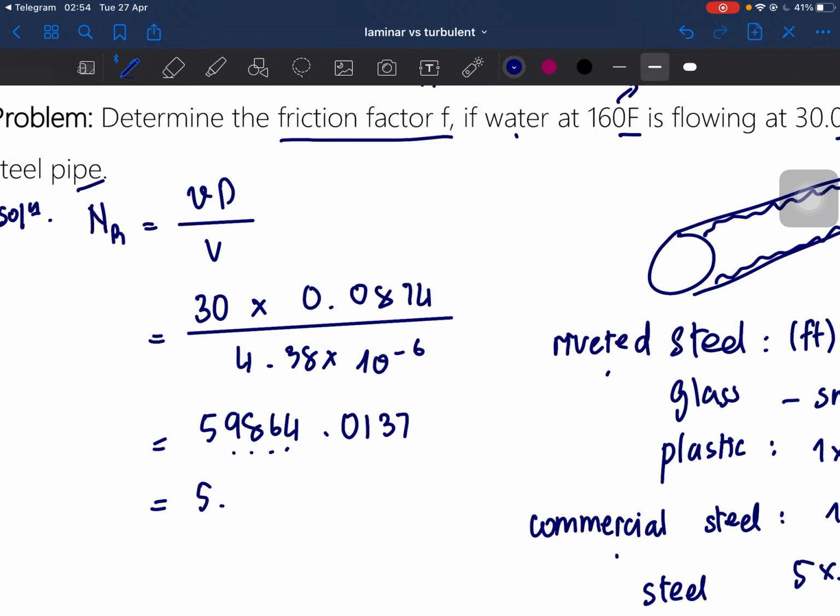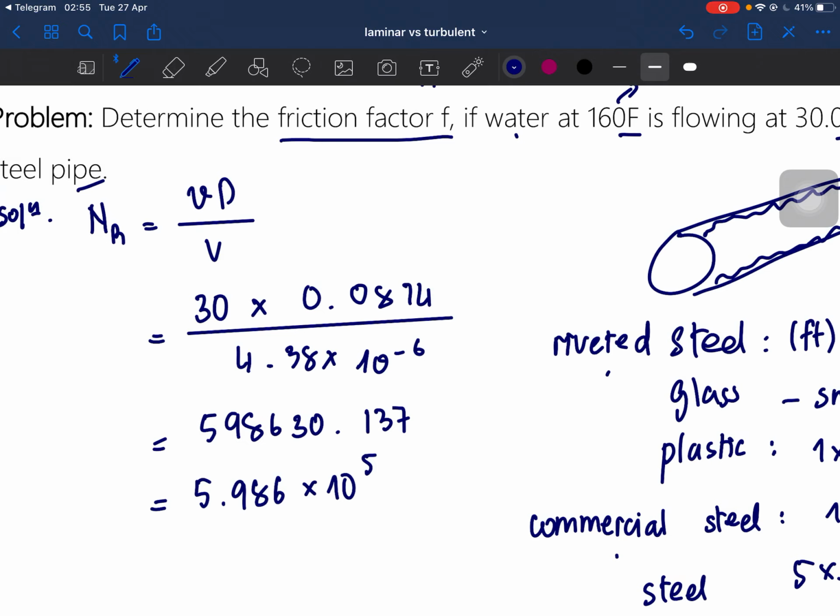I see. 5.986 times 10 to the... no, not minus, just the power. Okay, so this one is turbulent flow.